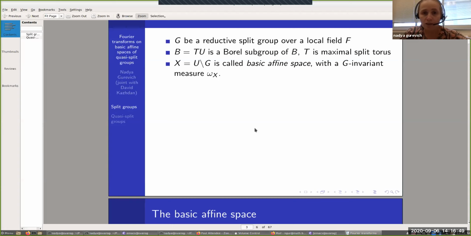So what is a basic affine space? It's just the quotient of G by U. Such a space has a unique, up to a constant, G-invariant measure, which we fix once and for all.